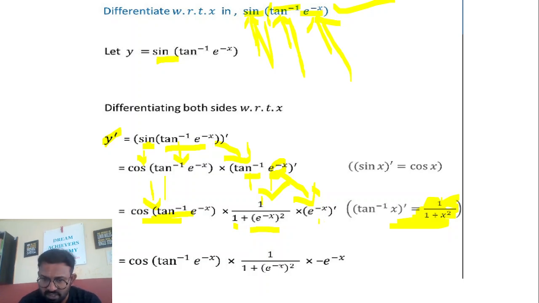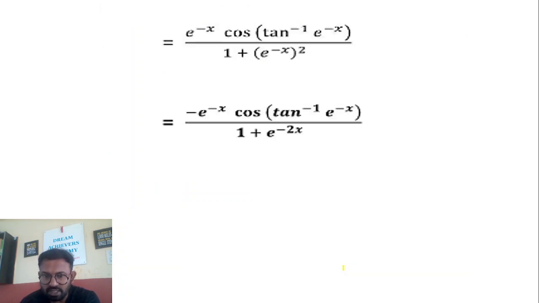E power minus x differentiation is e power minus x, but minus x differentiation once again is minus 1. So minus e power minus x is the differentiation. So finally, cos of tan inverse of e power minus x into 1 by 1 plus e power minus x whole square into minus e power minus x.